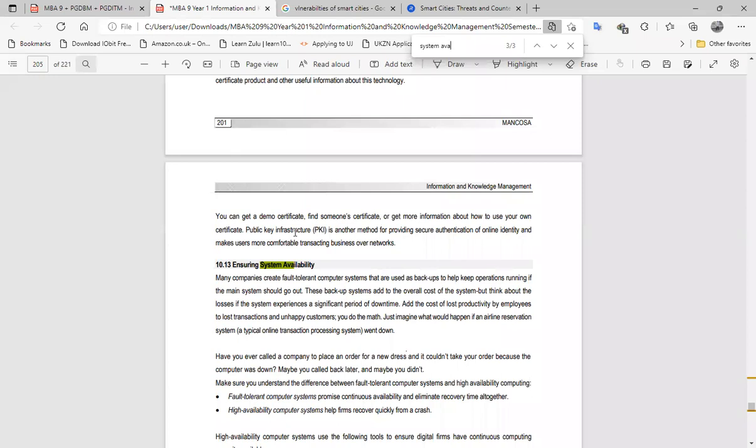You need to have a backup, maybe in case your hard drive crashes. Do you have a backup? Do you have another way of accessing the same information? So that's where the issue of availability comes in. In case of emergency, do you have a second option to access the same information that you were accessing before?